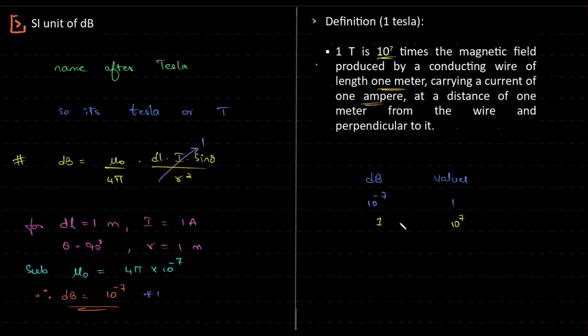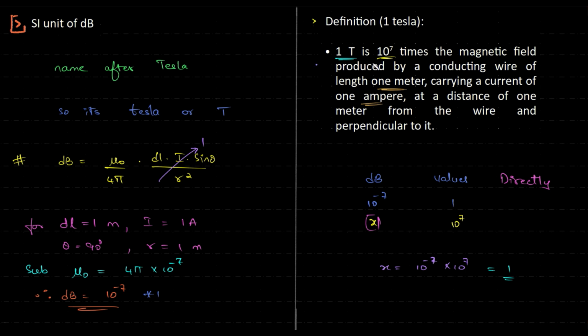Simple proportionality. If I multiply 10 to the power of 7 over here, how much is x? And this is directly proportional. So x will be equal to 10 to the power of minus 7 into 10 to the power of 7 divided by 1. When I do this, I'll get 1, is it not? And that's what is 1 Tesla.